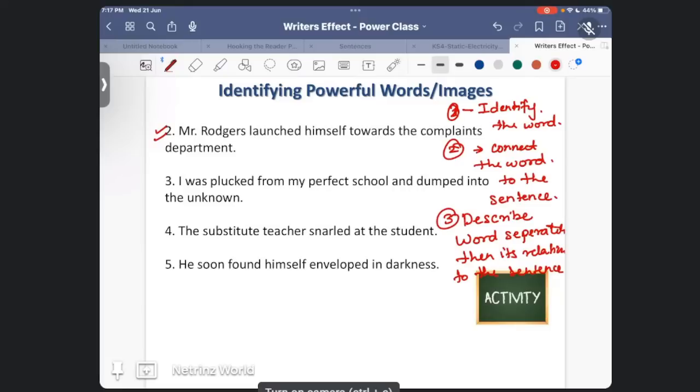Let me know once you're done. After all of them, I'm still in the fourth one. Sorry? I'm still in the fourth one. No, you have to do only the second one. Oh, okay.